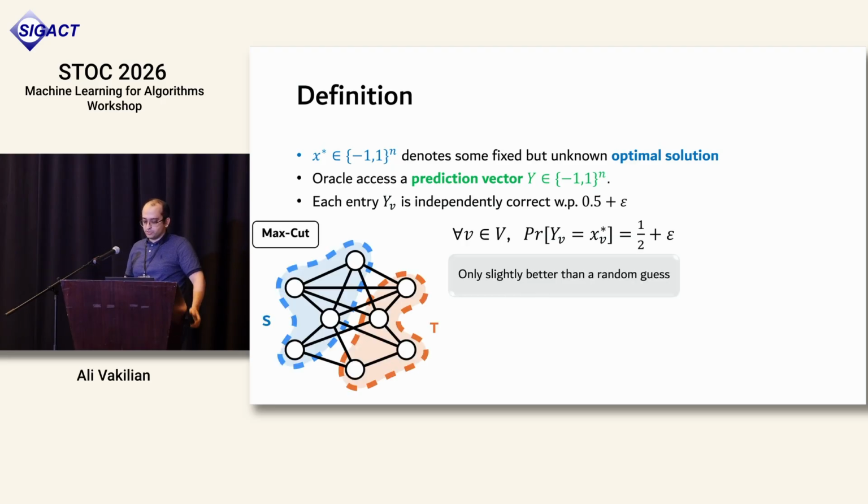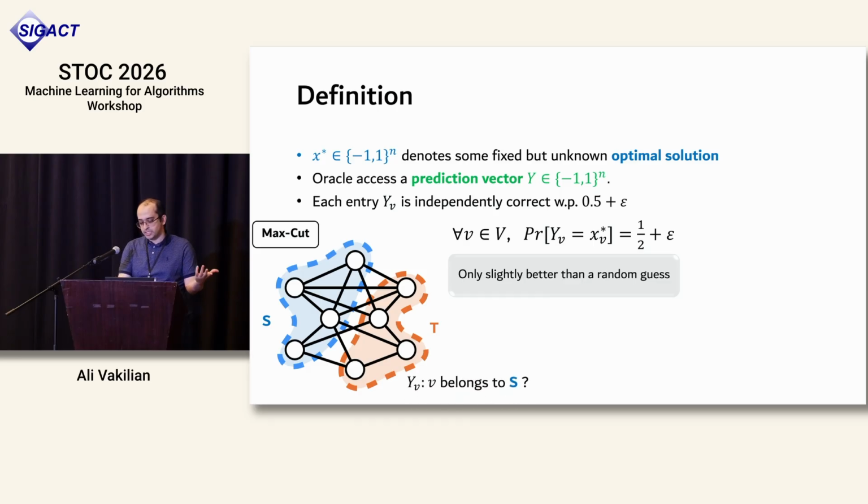For instance, to give some idea, max cut can fit this framework. Say we want to find a bipartition, where points are either in S or T. Let's say S is +1 and T is -1. We want to find the bipartition such that the number of edges between these two parts is maximum.